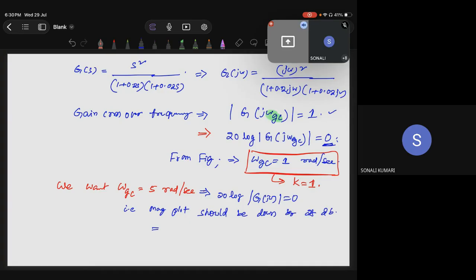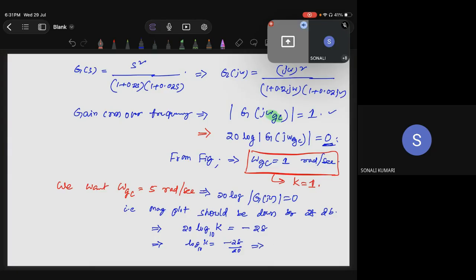So that means 20 log k, because we are bringing it down, will be equal to minus 28. This is always log base 10. How do you find k? Log 10 k equals minus 28 by 20.